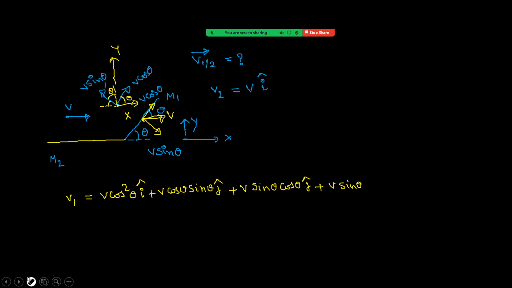So we are taking the component now along the negative x-axis, right? So this is along the negative x-axis. So v sin theta into sin theta along the negative x-axis, so I am taking minus i cap. Okay. So v1.